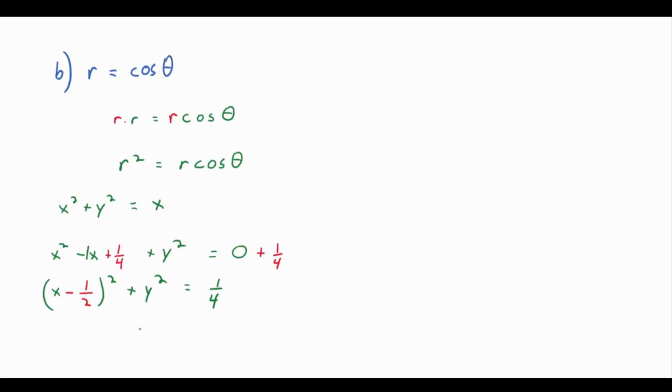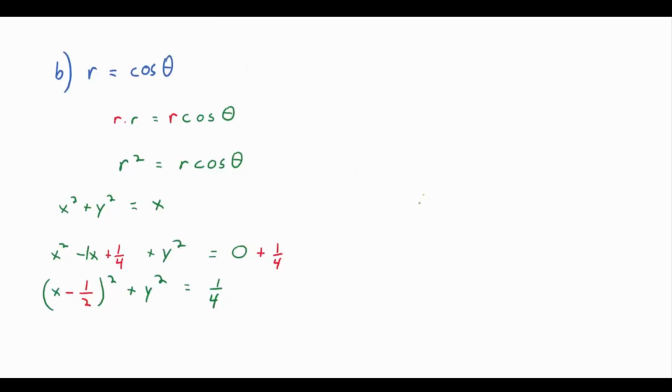So this is the equation in standard form. And okay, it's not the standard form of the ellipse, is it? It's the standard form of what? A circle. If you wanted to, you could divide both sides by 1/4 and get 1 on the right side, and then that would be the standard form of the ellipse, but there's no reason to. Because we know the standard form of a circle looks like this.